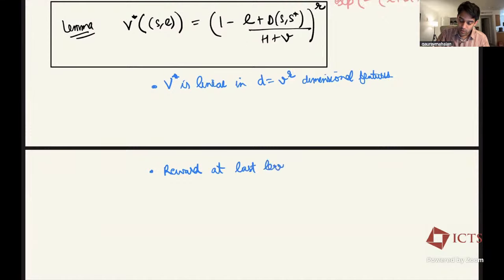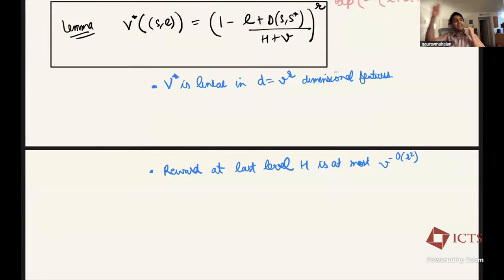So the reward at the last level is actually at most V to the minus R squared. Okay, so there is this non-polynomial gap between the dimension and this reward.